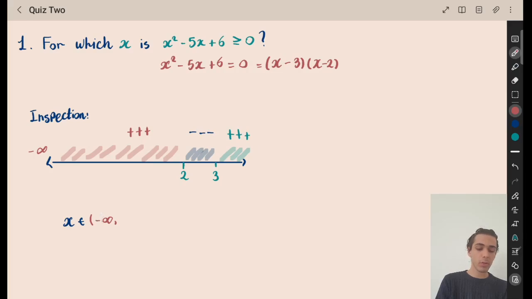Every finite number is included, no matter how big it is. That's what it means to take all the numbers until infinity, but you don't include infinity. And then you go all the way to 2. Or on the complete right, you could also go from 3 all the way to infinity. So you take every finite number all the way with you.